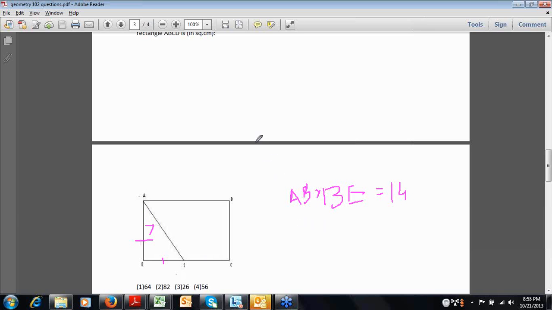And we need to calculate the area of rectangle ABCD. So the area of rectangle ABCD is AB into BC, and BC is equal to BE plus EC.